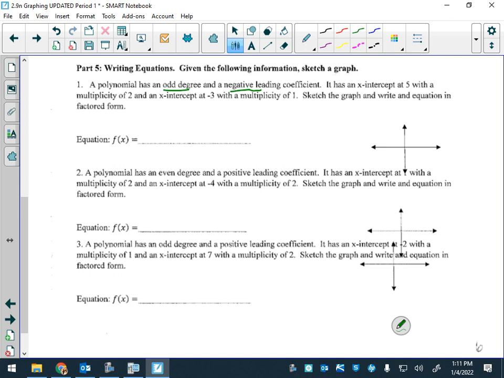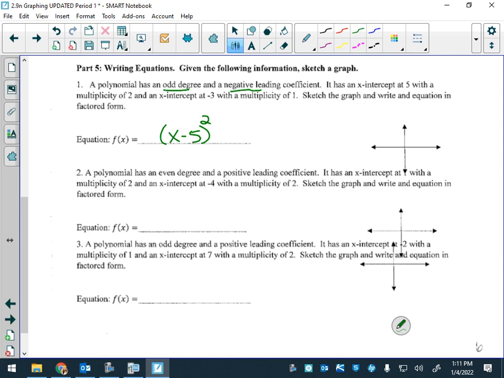So how would I write this? How would I write x-intercept at 5 as a factor? What would that look like? Addison? Good. X minus 5 would be the factor, but since it has a multiplicity of 2, I'm tacking on the squared term.